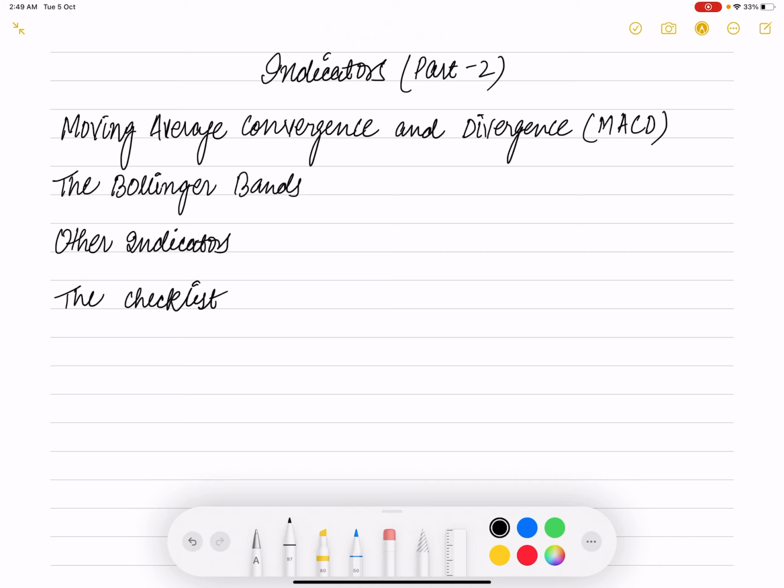I have personally met many aspiring traders who spend a lot of time and energy learning different indicators, but this is futile in the long run. The working knowledge of a few basic indicators, such as those discussed in the module, is sufficient.